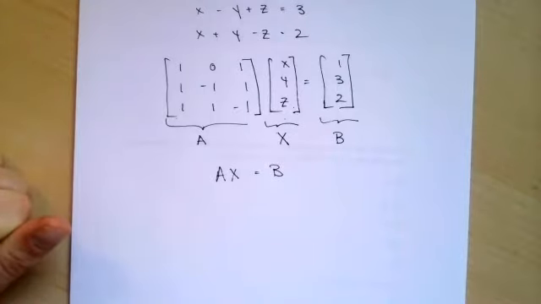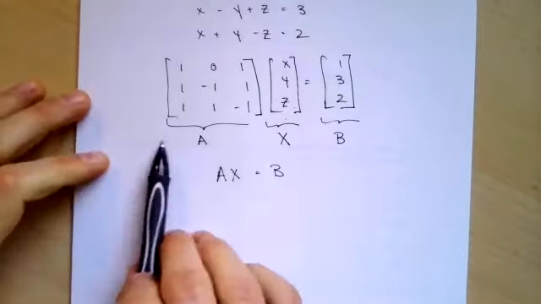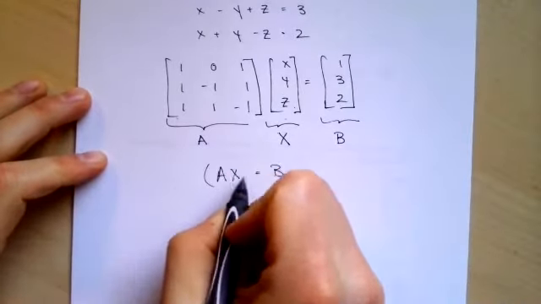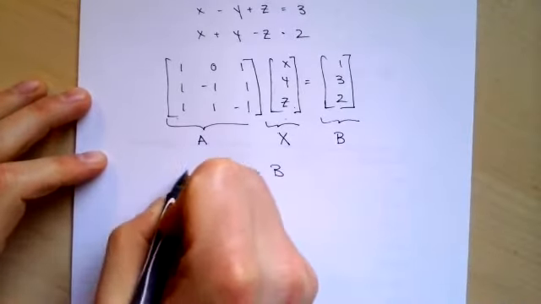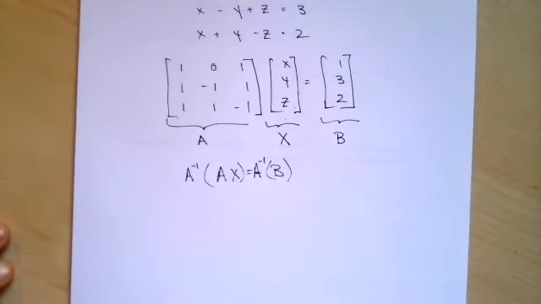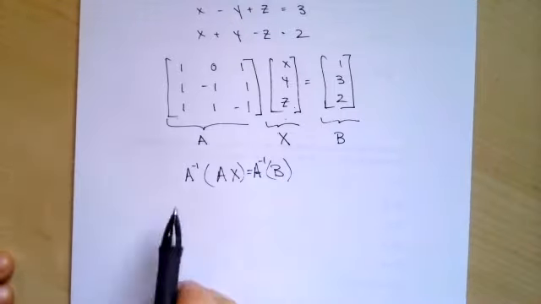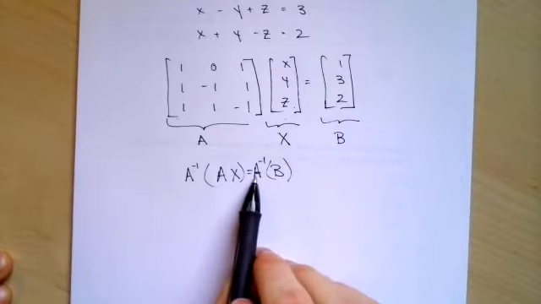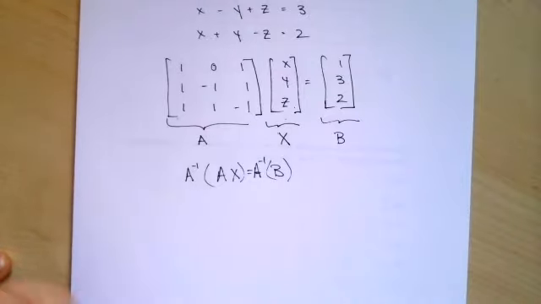And now our tool is, if we can find an inverse of A, we can multiply both sides by A inverse on the left. And be careful, right? Our multiplication is non-commutative. So if I multiply on the left by a matrix on one side of the equation, I have to multiply on the left by that same matrix on the right side of the equation.